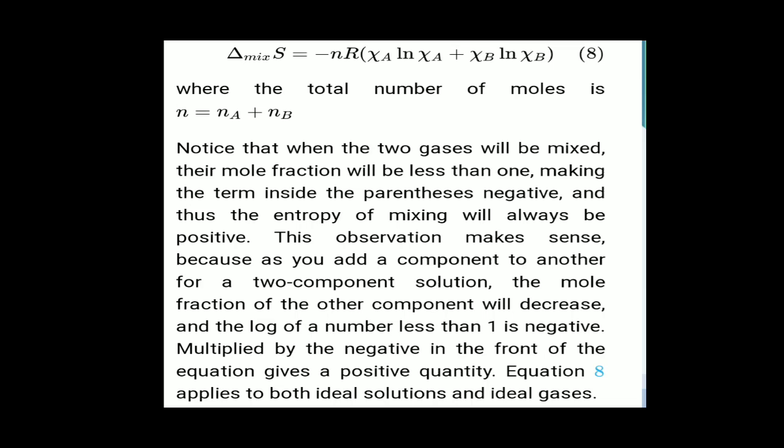This observation makes sense because as you add a component to another in a two-component solution, the mole fraction of the other component will decrease, and the log of a number less than 1 is negative. Multiplying by the negative in front of the equation gives a positive quantity.